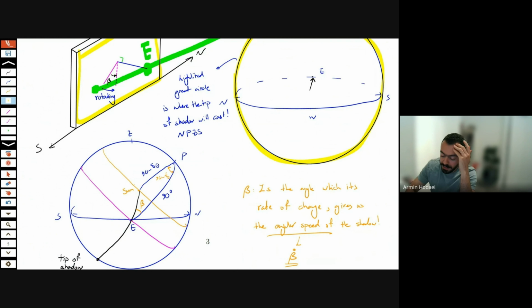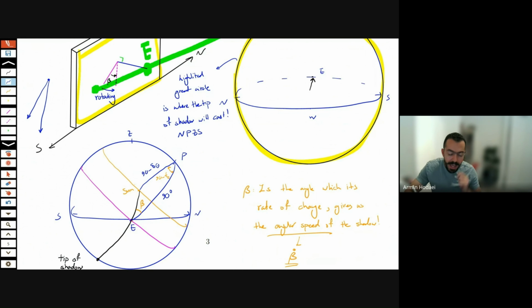So this is sun's path, right? And it's moving on this circle, small circle. On its path, do you think there's a specific point? If you look at the shadow, it is going to change both its length and its direction.